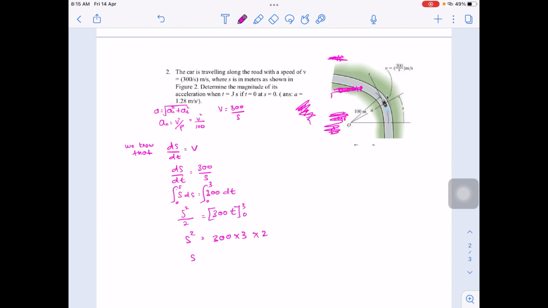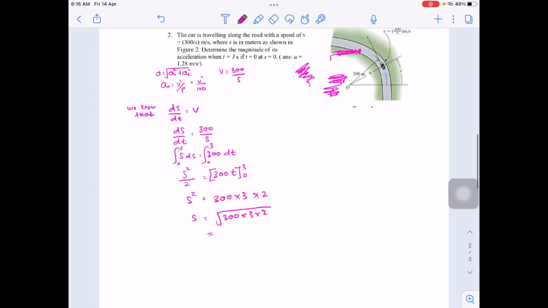Then S is equal to the square root of 100 times 3 times 2. Boleh buat yang sama kalau saya salah. Ratus darab 6 square root, 42.43.